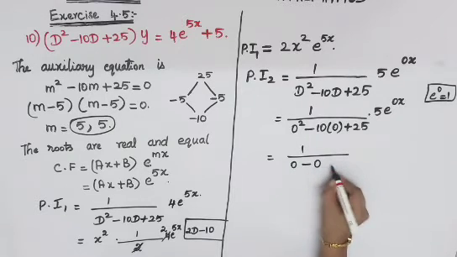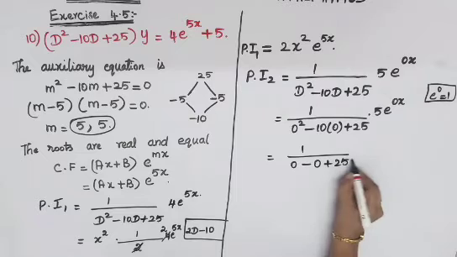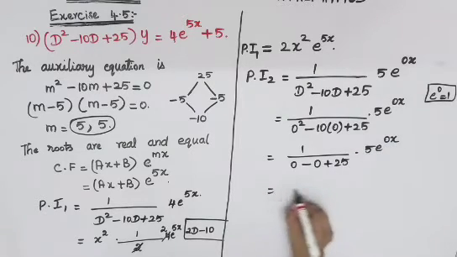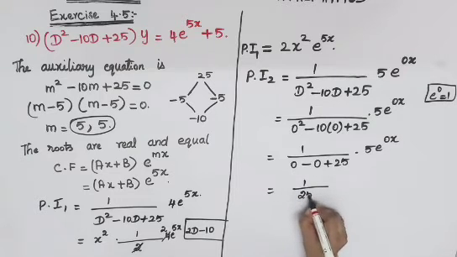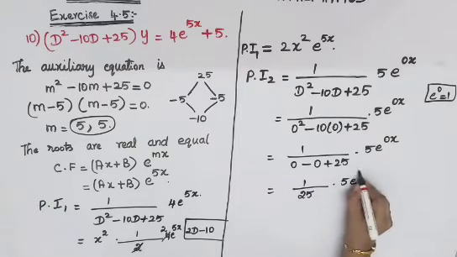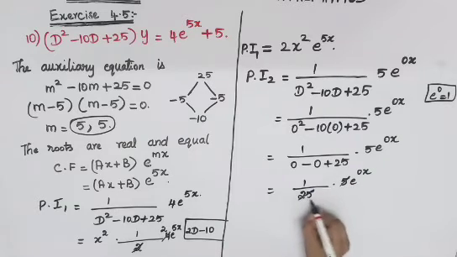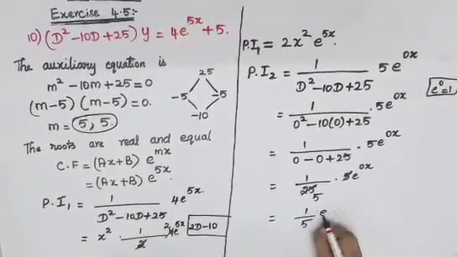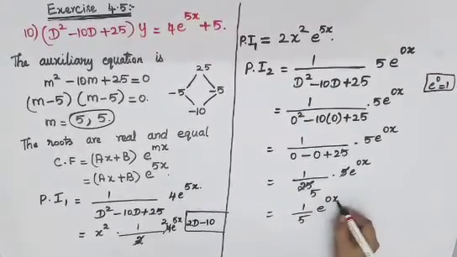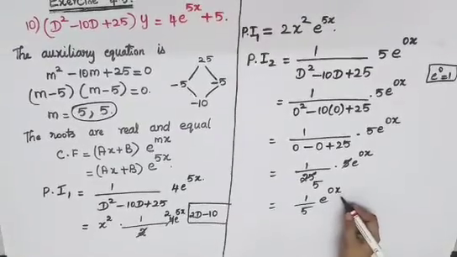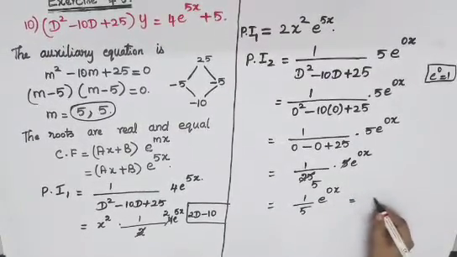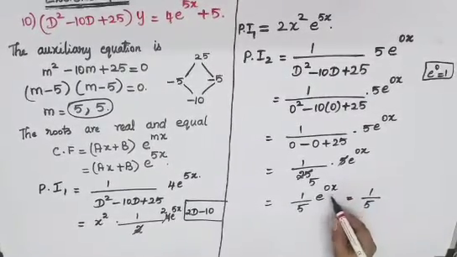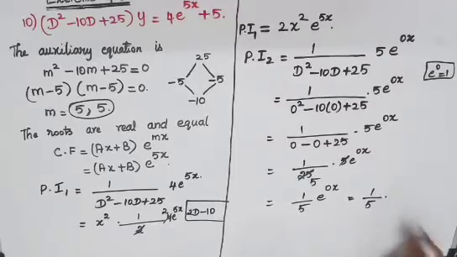Minus 10 into 0 is again 0 plus 25 into 5 e power 0x will be there. So the next step is 1 divided by 25 into 5 e power 0x. So this 5 and 25 will go 5 times down here. So 1 divided by 5 into e power 0x. So e power 0x is again e power 0 itself. So straight away you can go back to your 1 over there. Therefore your answer will be 1 by 5. You can remove this term as it is because 1 will come. So the last answer will be 1 by 5.